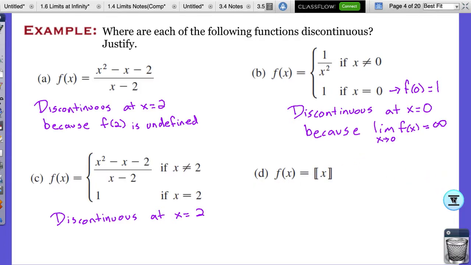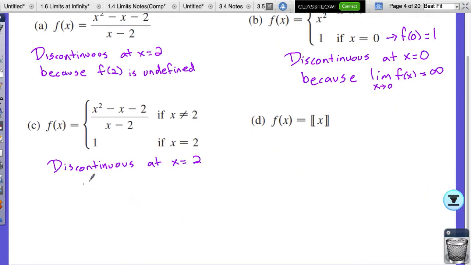But if I wanted to have a justification, I go through my 3 criteria for continuity. f of 2 exists, it's 1. But the limit of f of x as x approaches 2, well, I got x minus 2 on the bottom.